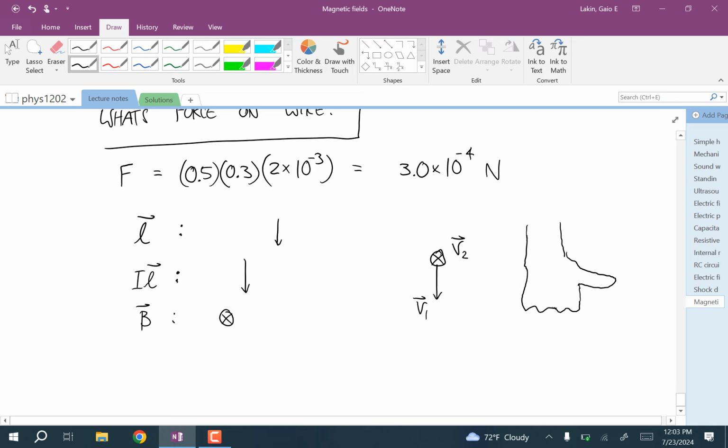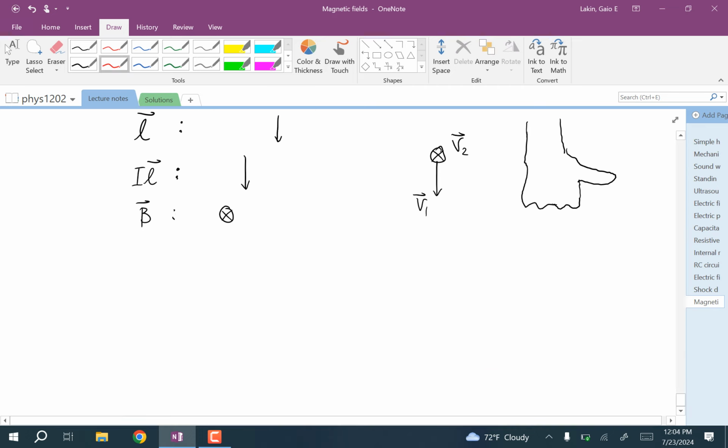To use the right hand rule here, you'd have to have your fingers on the other side. Then when your fingers are straight, they're in the direction of V1. When you curl them, they're in the direction of V2. And that means that the force applied to the wire is to the right.